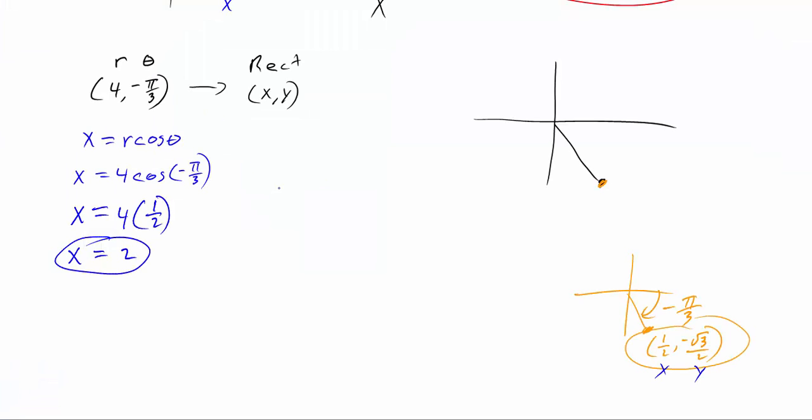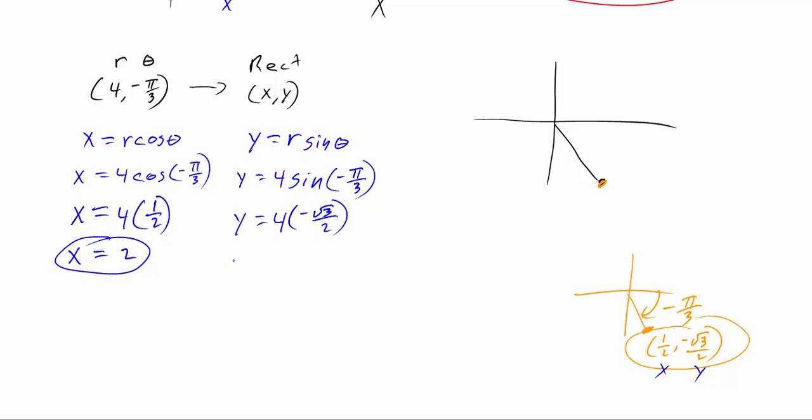Now, to find the y value, we would simply use y equals r sine of theta. So that means we have the r value of 4, and now we're going to take the sine of the angle negative pi over 3. And here we see that the sine is the y value, so that's going to be equal to 4 times a negative square root of 3 over 2.